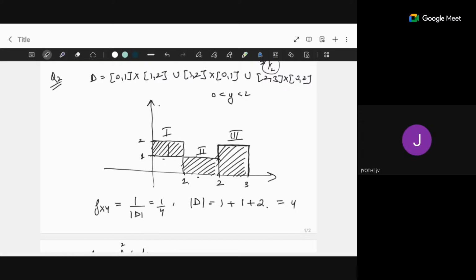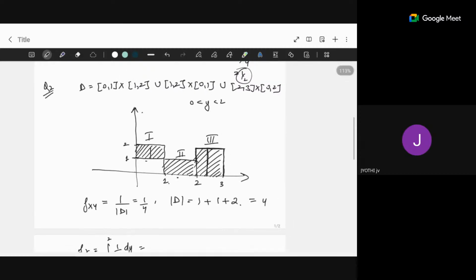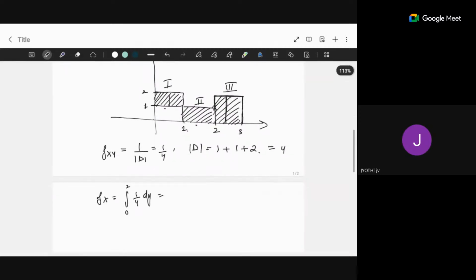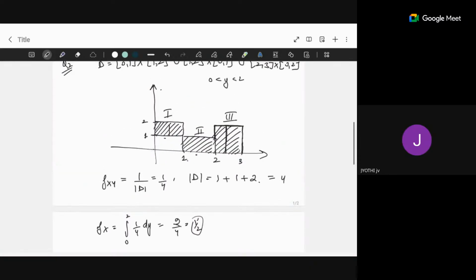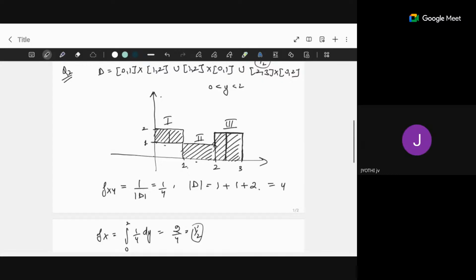So you can see here as well, right? Here it is going from 0 to 2. If we take it all together, then it will include the area below the first figure and above the second figure.